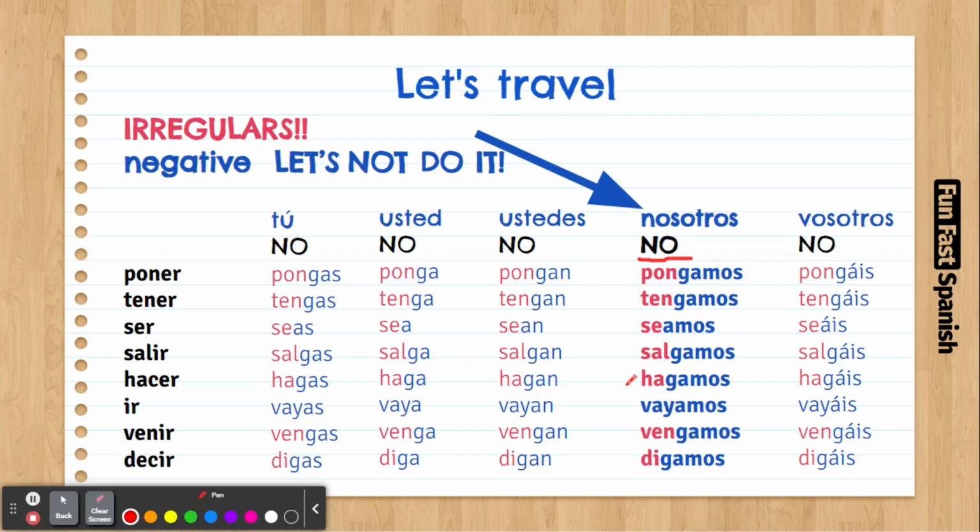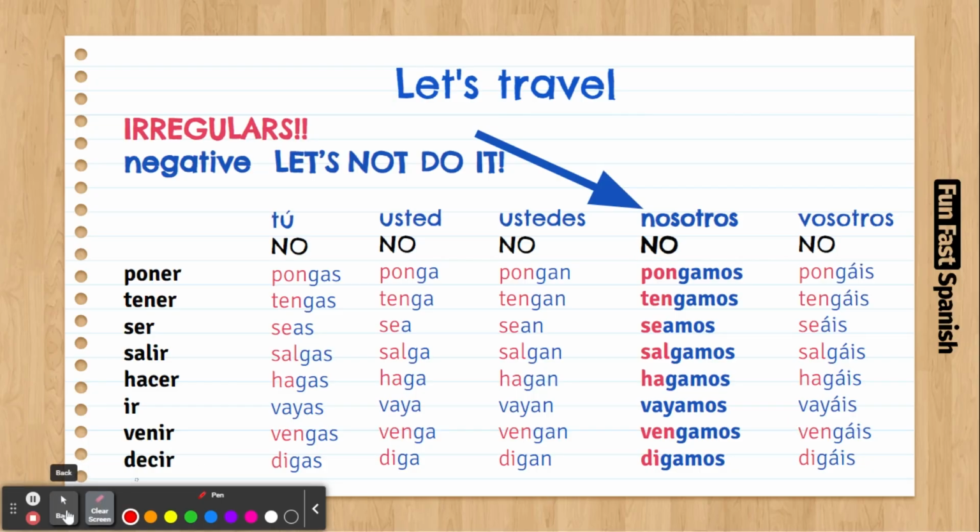Let's not do the homework. No hagamos la tarea. Let's not go to the party. No vayamos a la fiesta. Let's not come to my place. No vengamos a mi casa. Let's not tell the truth. No digamos la verdad. That's it. That's how you say it.